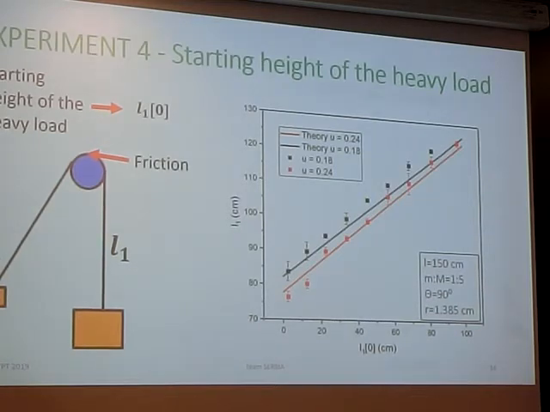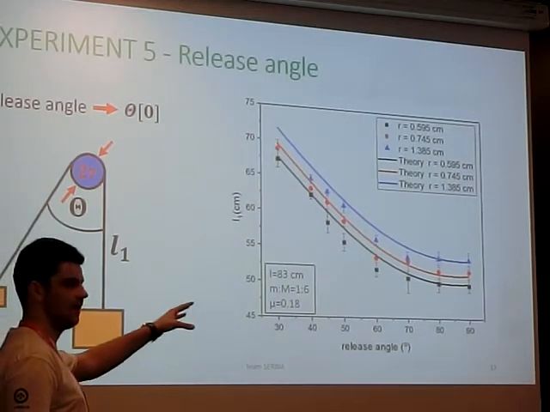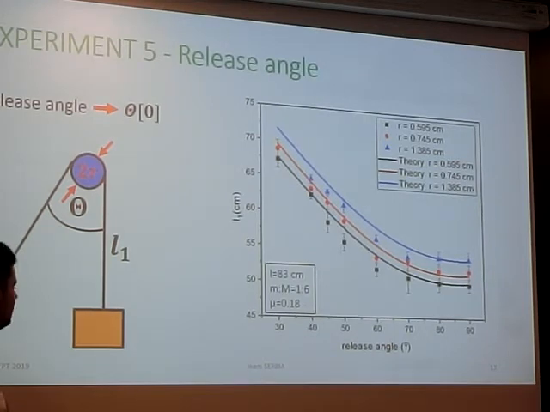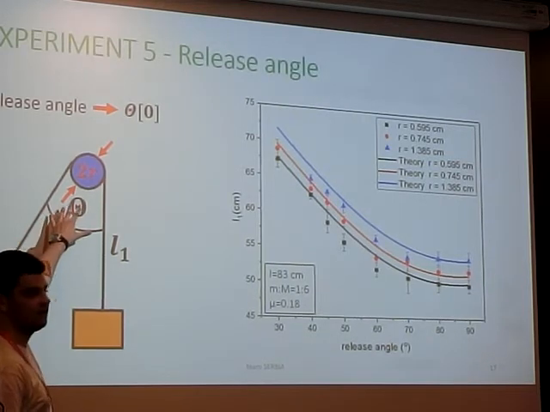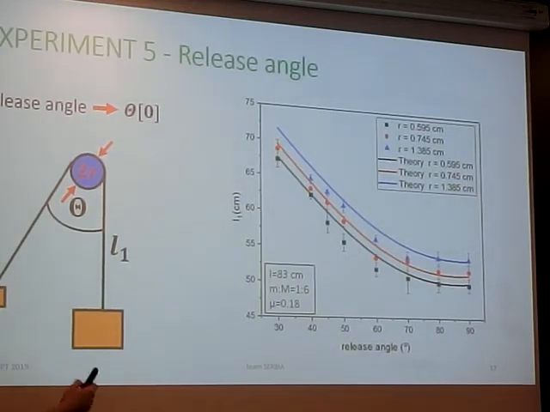In our 5th experiment, we varied something very interesting: the release angle, from 30 to 90 degrees. We did that for 3 different radii of the rod, and this time we also measured the height at which the heavy rod will stop.